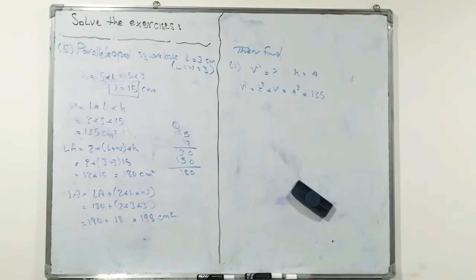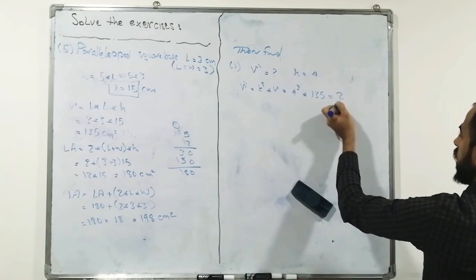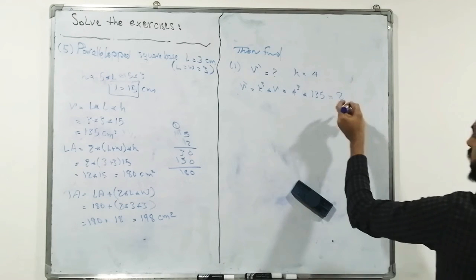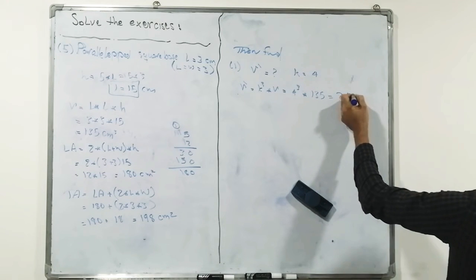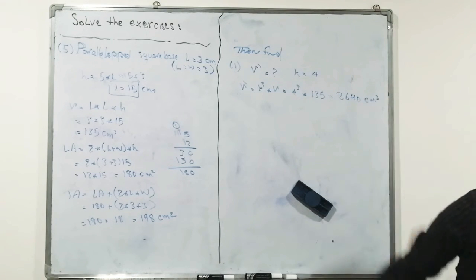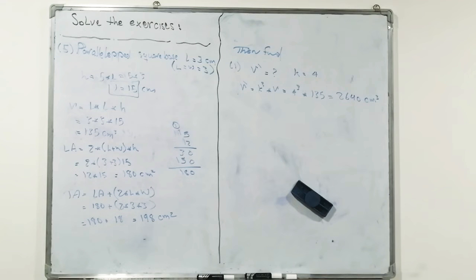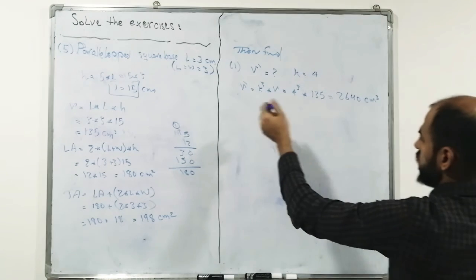We found it. 4 by 4 is 16, by 4 is 64, multiplying by 135. I found it on the calculator to find the result quickly: 8,640 centimeter to the power 3 is the volume of the shape after dilation with dilation coefficient 4.